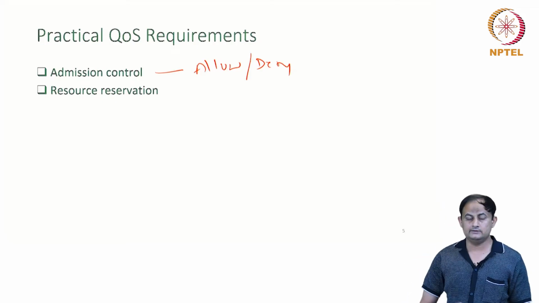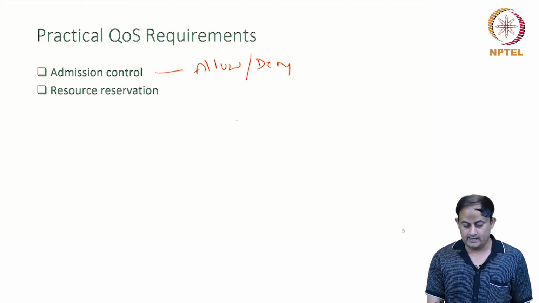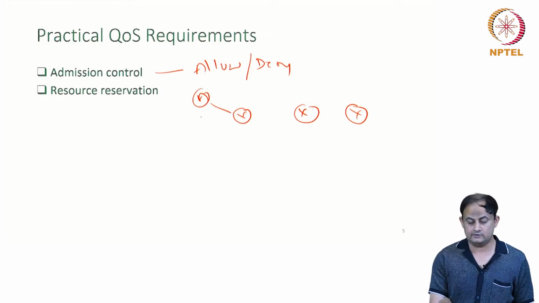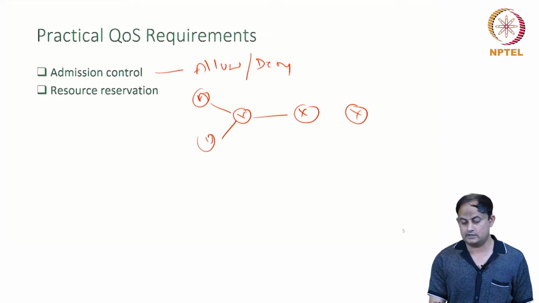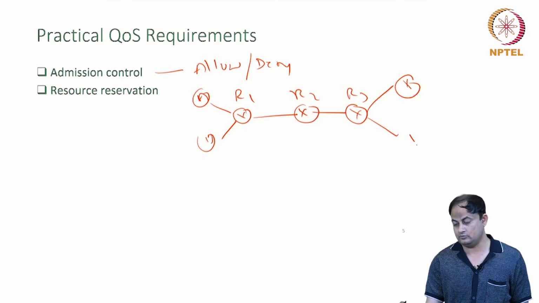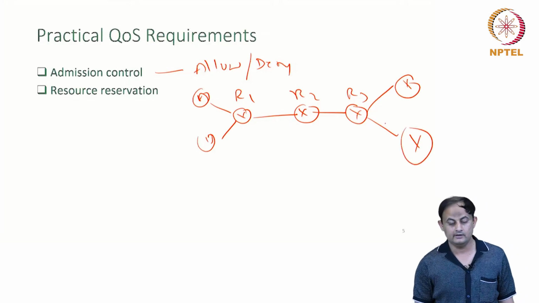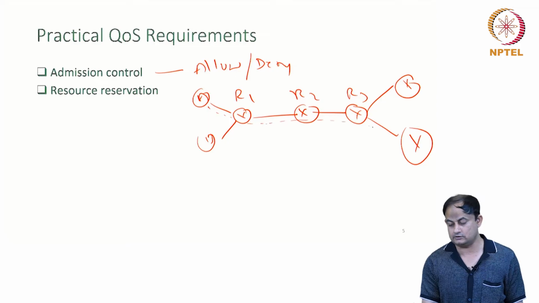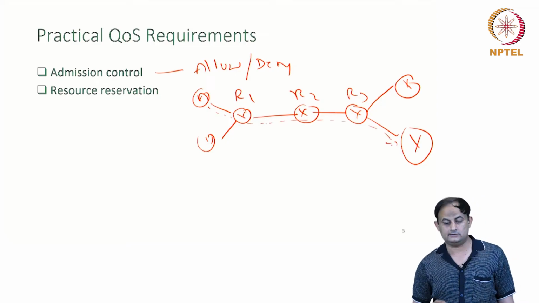And the second thing, I want to provide some kind of prioritized services. Maybe go back to the same example, A and B are connected to this router R1, R2, R3, and maybe I have 2 computers here, X and Y. When A and Y talk to each other, this is the path taken.